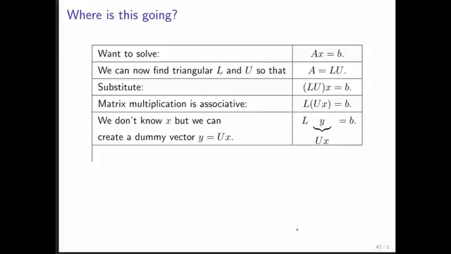We don't know X and therefore we don't know U times X, but we can give it a name. We'll call it the vector Y. And what we know about Y then is that L times Y must be equal to B.